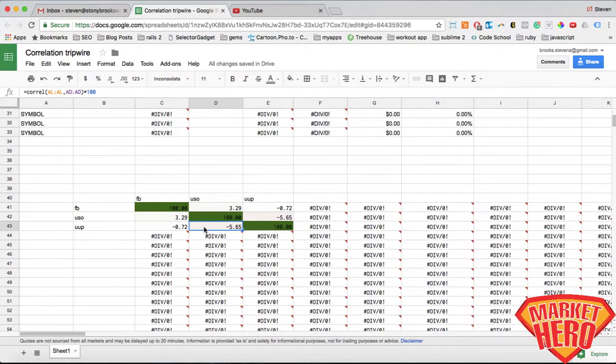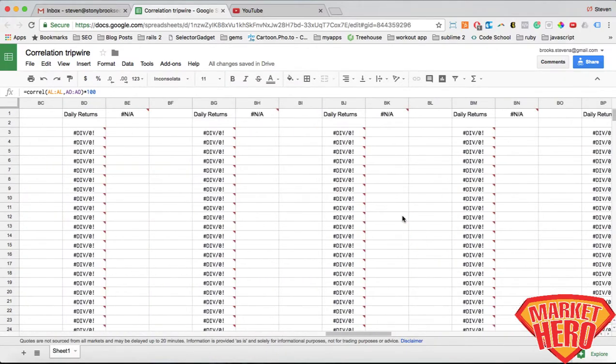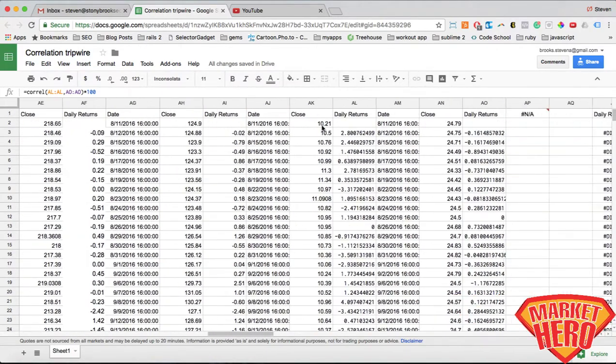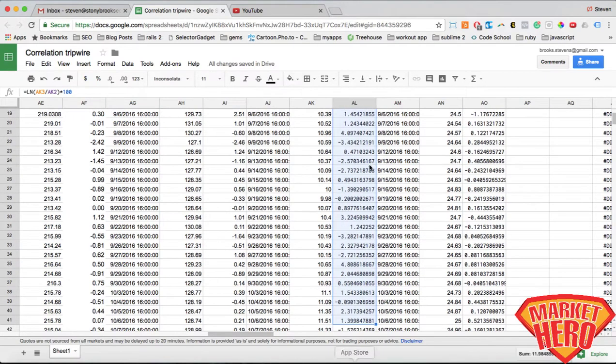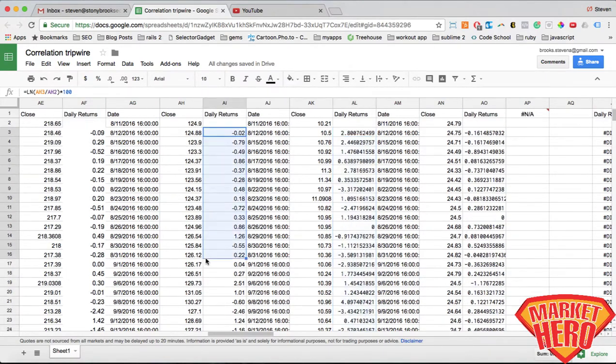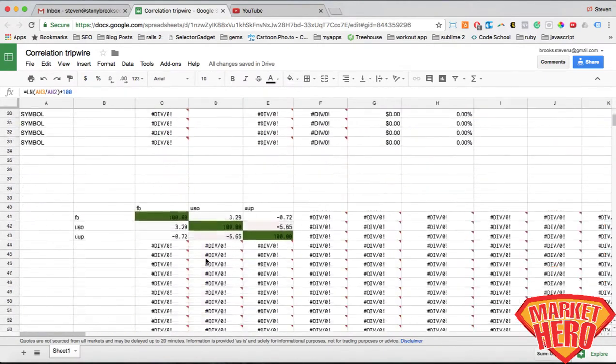That is not true because based off of their price movements, which again are facts, they don't move together whatsoever. The price movements of USO and the price movements of UUP are completely random and independent of one another. That's what's so cool about this.